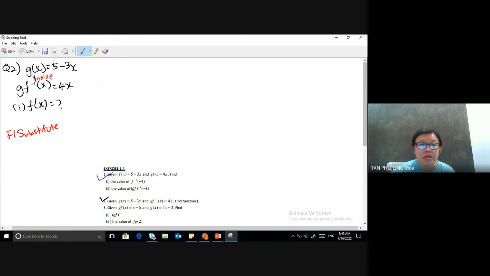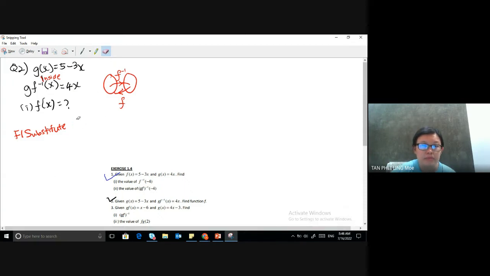Because remember, if this is f inverse, the opposite of it will be f. Then you get back what you want. So there are 2 steps here that you have to do. First thing, find inside, substitute. In your mind, you have to sketch out what you want to do.